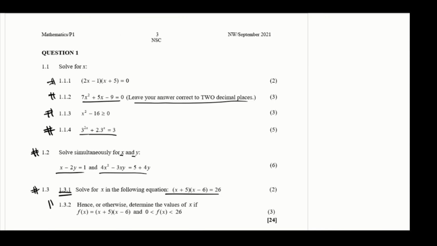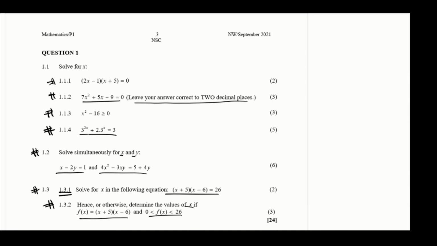Okay, so 1.3.2, the question says: hence or otherwise determine the values of x if f of x equals x plus 5, x minus 6, and f of x lies between 26 and 0.